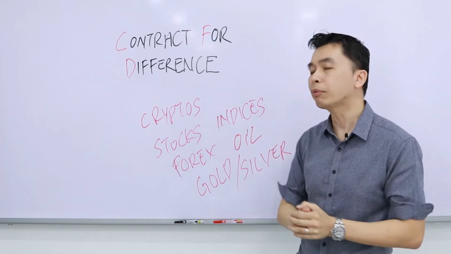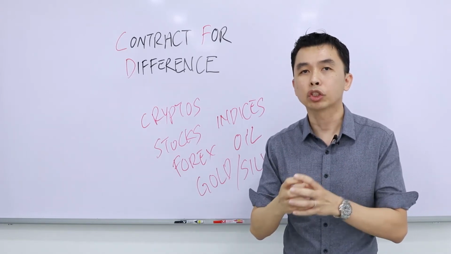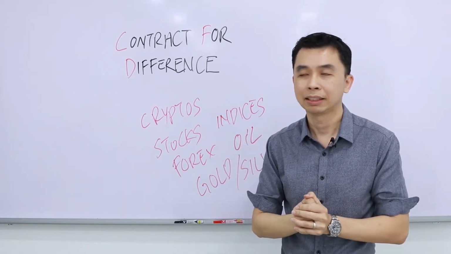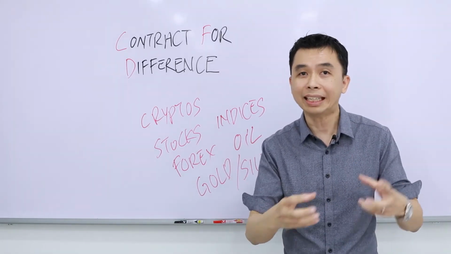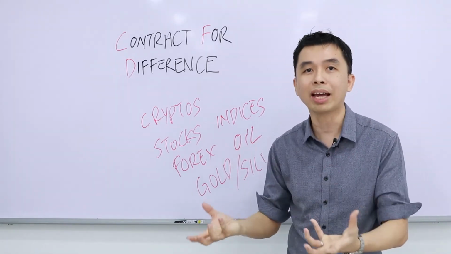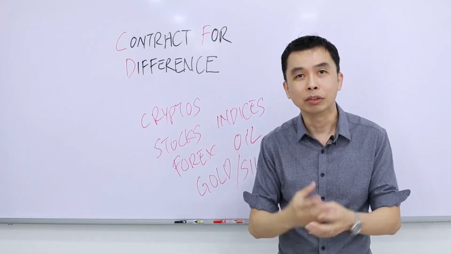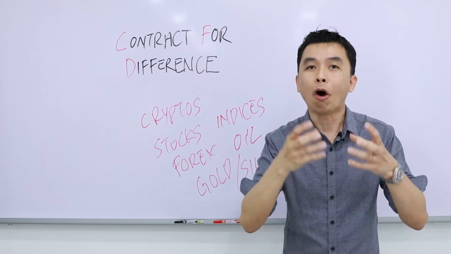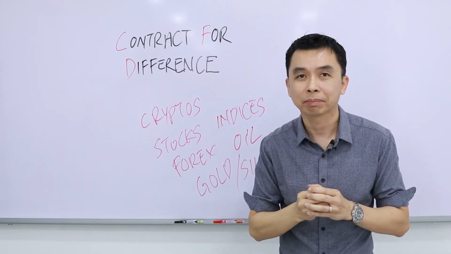Example, typically when you trade cryptocurrency, when you buy Bitcoin, you need to store it in a wallet, or you buy a physical gold bar, you need to store it in a safe deposit or somewhere at home, or you buy currency, you need to keep it in your bank account or as physical cash at home. You need to store it.